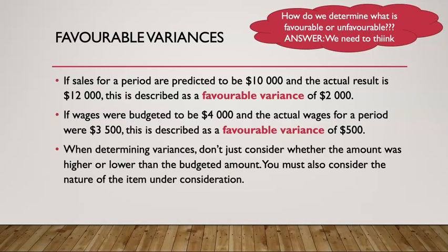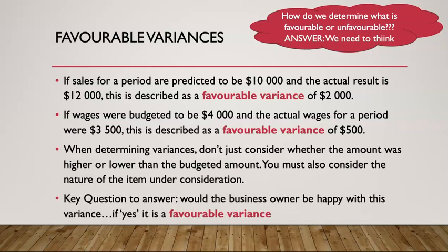If we're looking at a cash flow statement, anything that increases our cash flow unexpectedly is going to be a favourable variance. An unfavourable variance will be if it results in a bigger cash outflow. So the key question to answer is, would the business owner be happy with the variance? If yes, it is favourable.